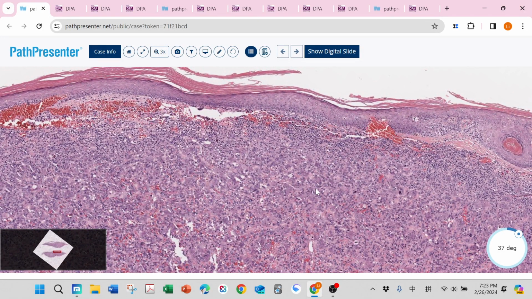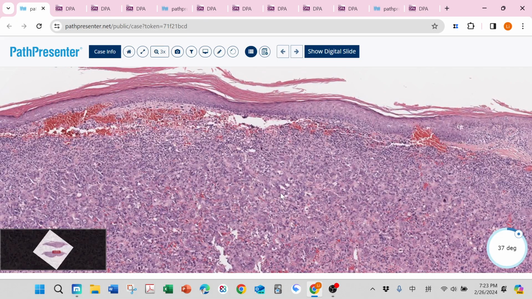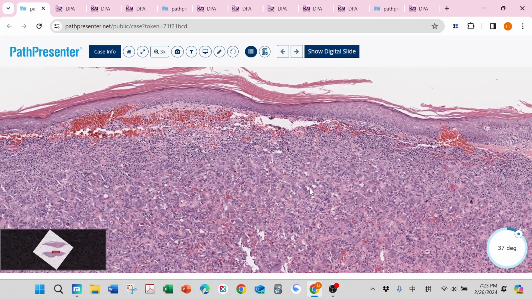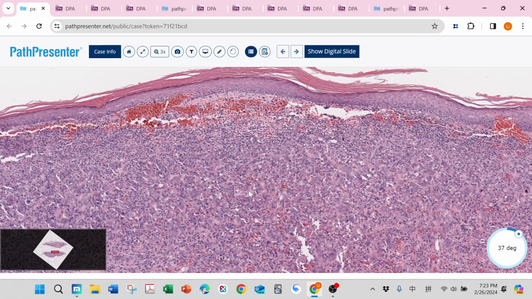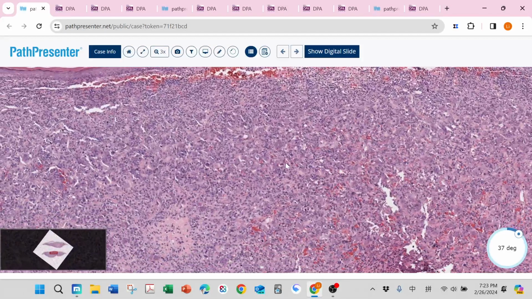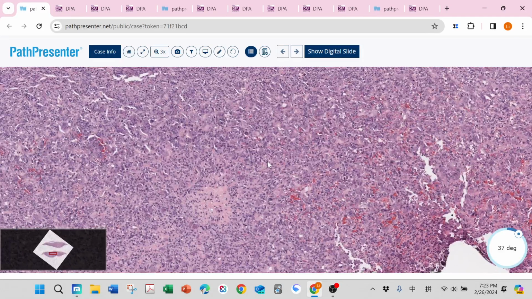Then for angiosarcoma, we know that we can use CD31 and ERG. CD34 is not that specific or sensitive because in epithelioid angiosarcoma, some of them are CD34 negative.